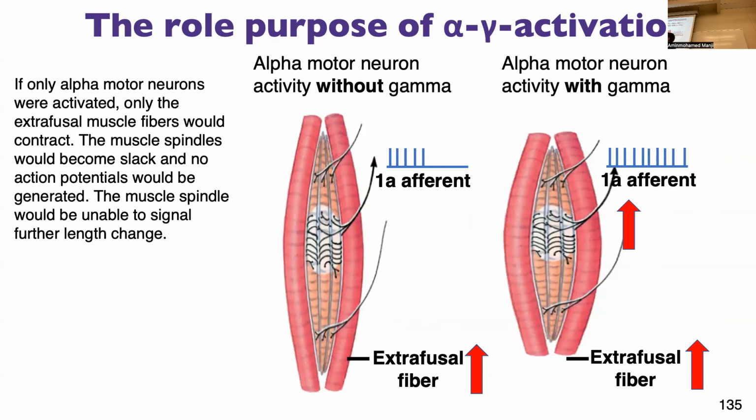But with gamma motor activation, you cause those muscles to basically contract again. They become more taut, and now there is length to this. Right? This can be detected by that 1A afferent fiber. And that is what allows you to continue to signal to the brain what is happening to the muscle length and the stretch of the muscle. Does that kind of make sense? Sort of? A little bit? Are you sure? You're allowed to say no. Okay, perfect. Just checking.